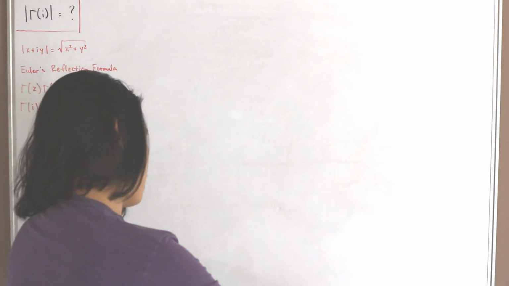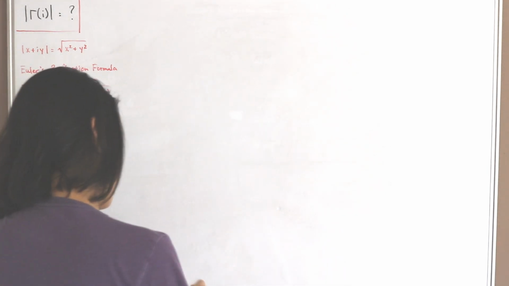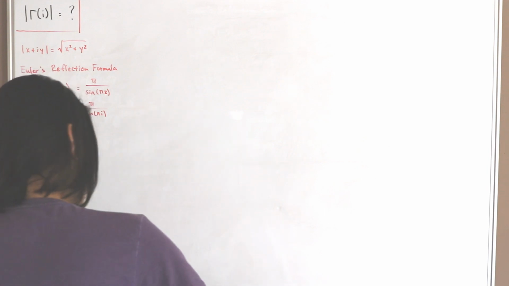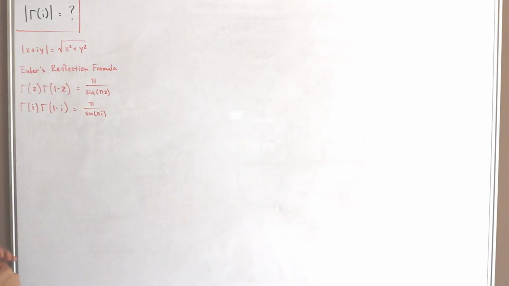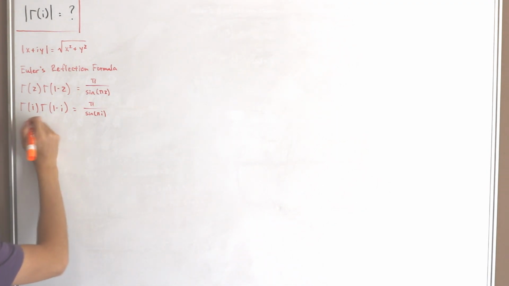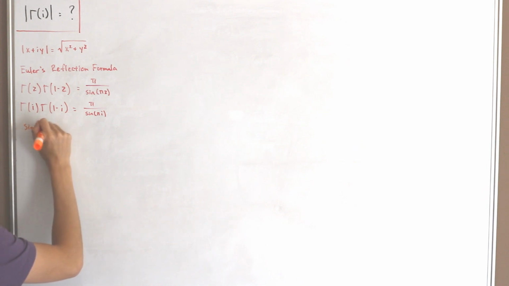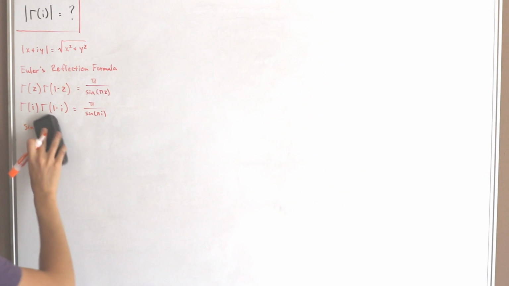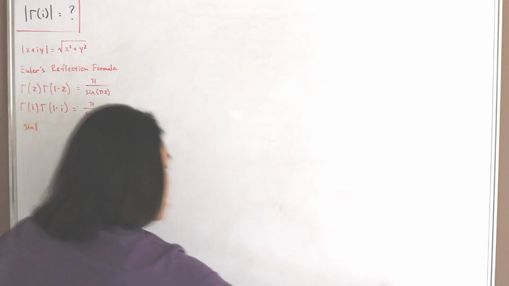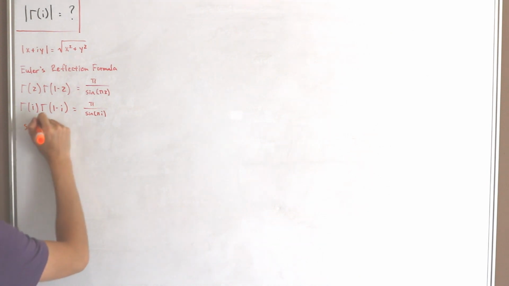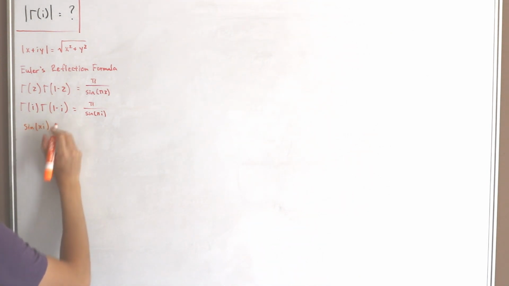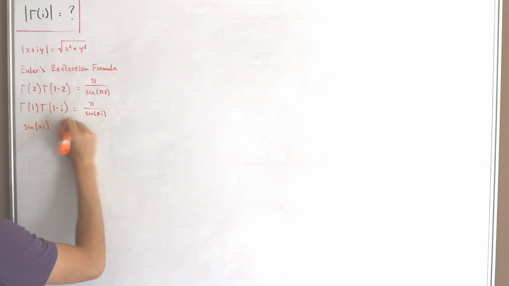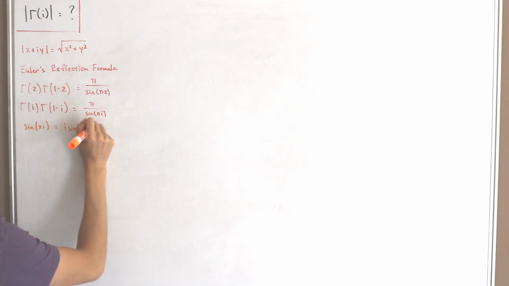Next I'm going to establish a relationship. In the previous video that I uploaded, we did use this relationship, and I did a fast proof of it, so you can check that out if you want to see it. We're going to be using the relationship that sine of x times i is equal to i times the hyperbolic sine of x.